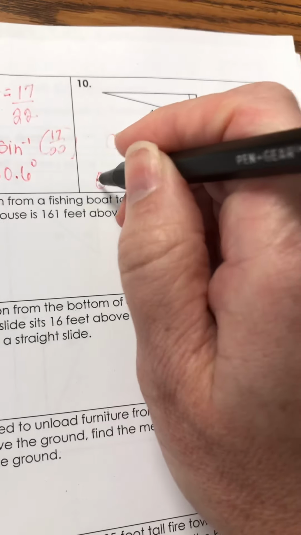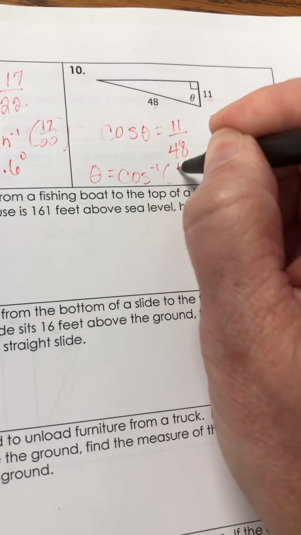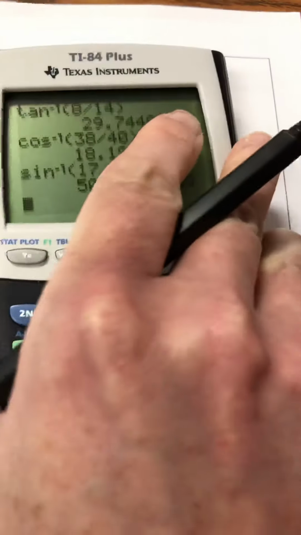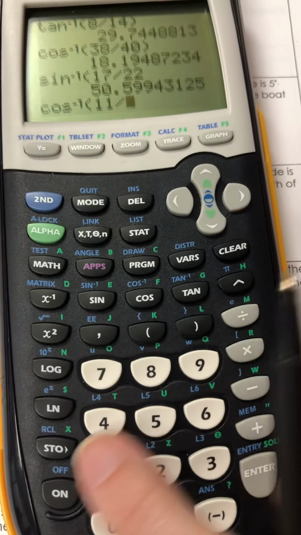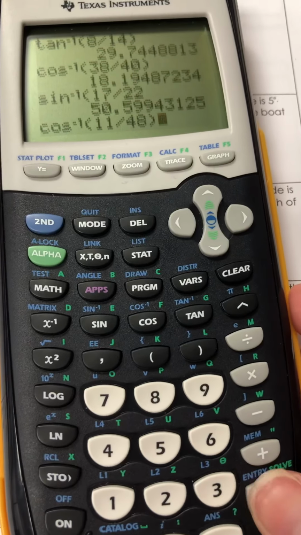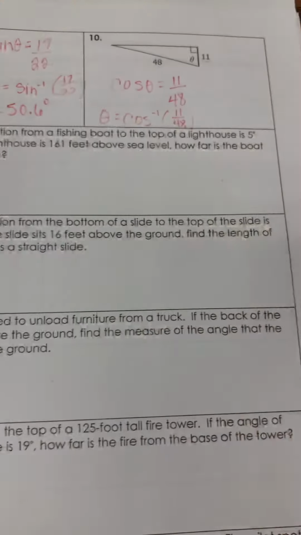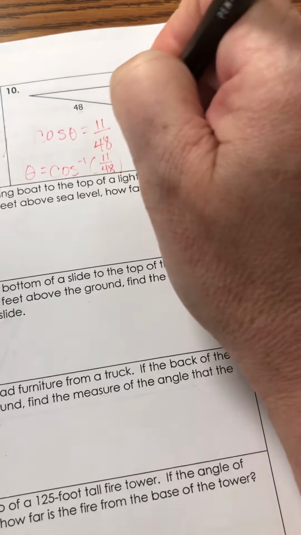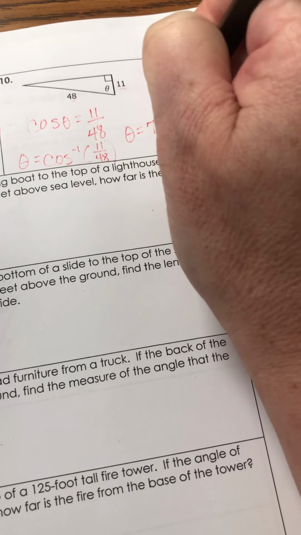Theta is equal to the inverse cosine of 11/48. So right here, second cosine of 11/48. That's going to give us 76.8. Don't forget, this is degrees. So theta is equal to 76.8 degrees.